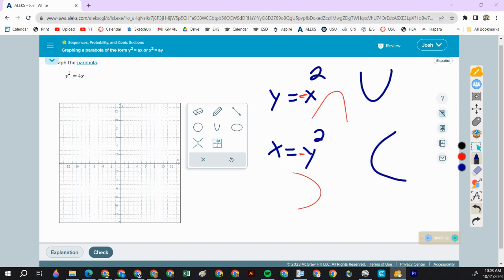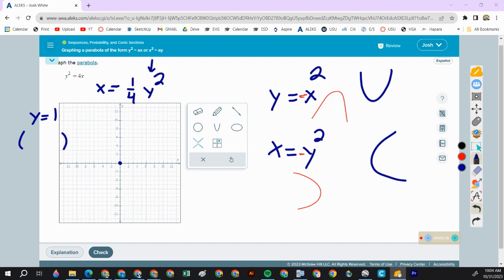So, excuse me, I need to get this in x equals form. So x is equal to 1/4 y squared. So that starts at 0, 0. And what happens when y equals 1? What does x equal?